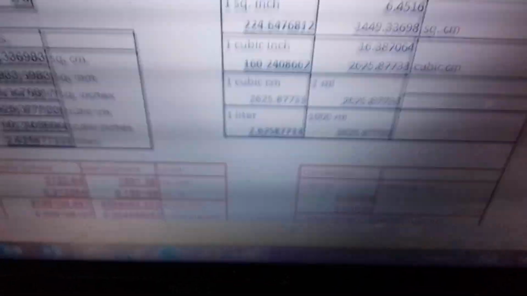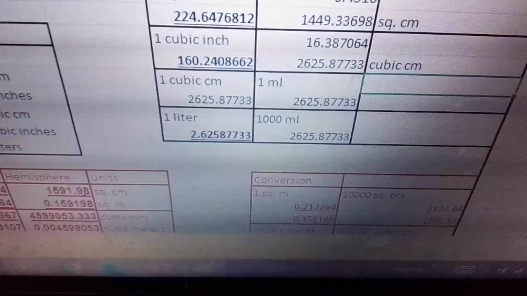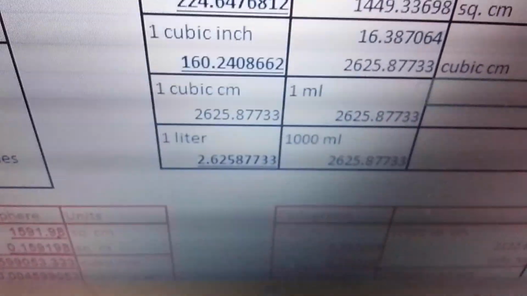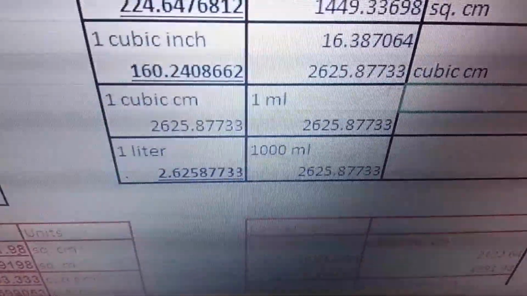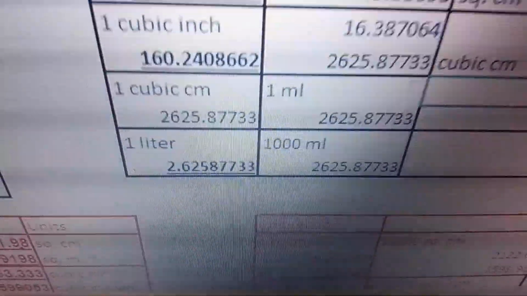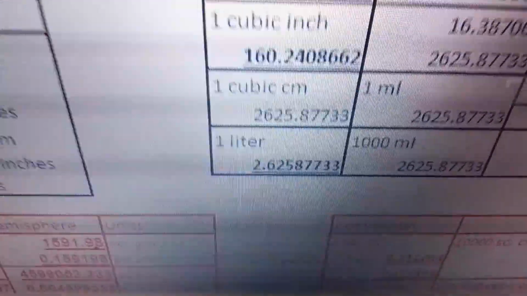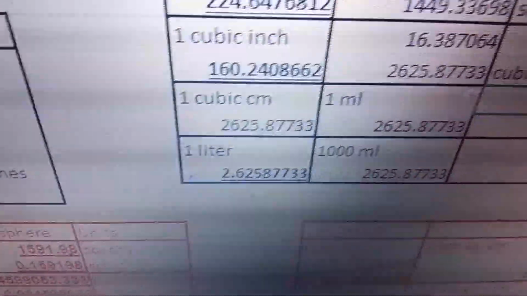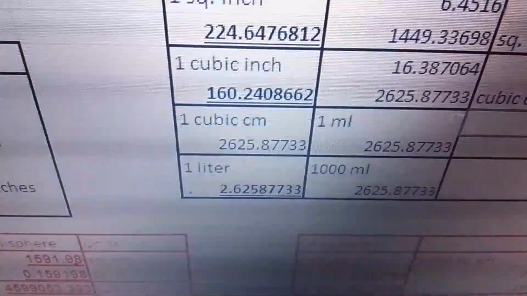And because we want the answer in liters, we need to divide that by 1,000. Why? Because 1 liter is worth 1,000 milliliters. So, 2,625 divided by 1,000, or in short, you shift the decimal place 3 places to the left, you should get 2.625877 or 2.626 liters. Alright?